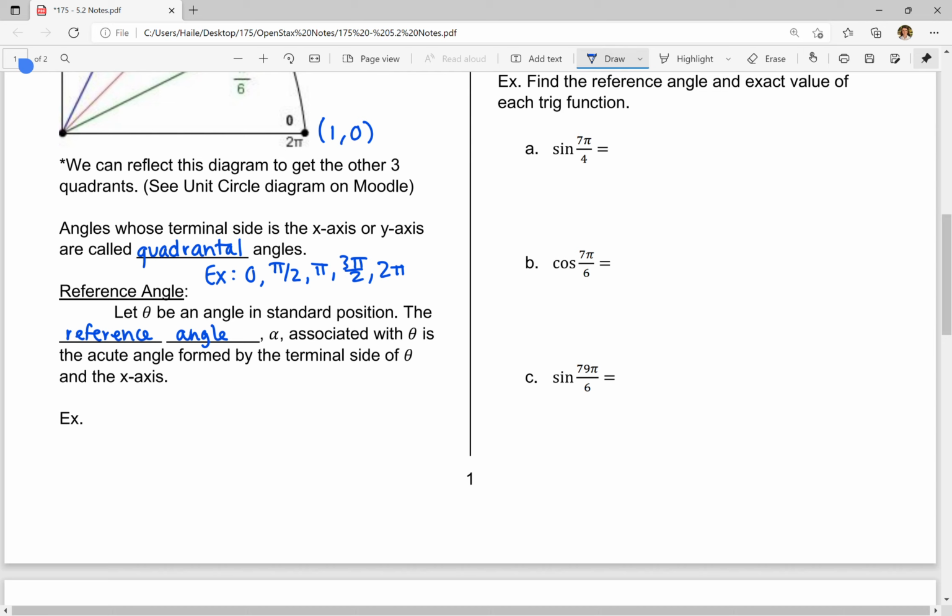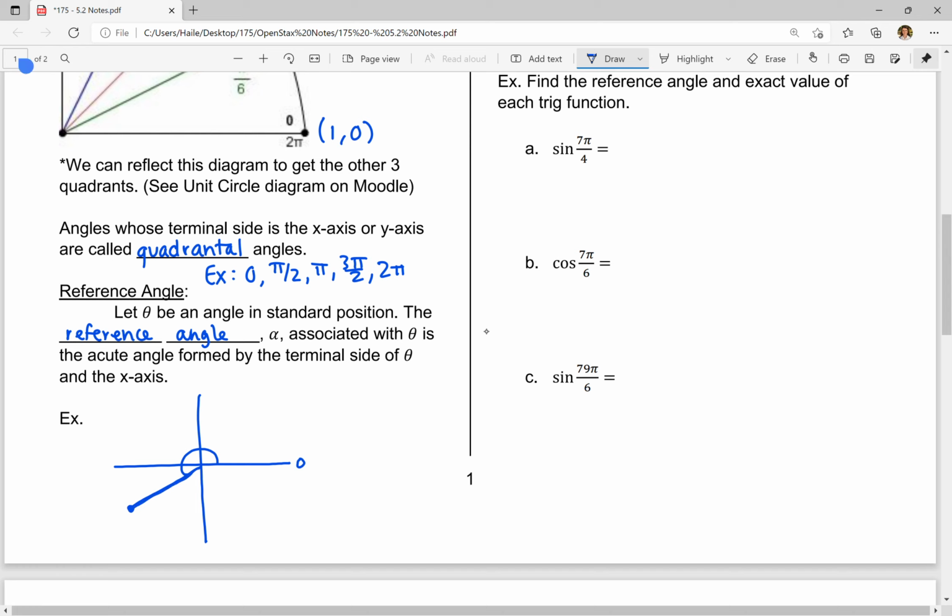This definition can be kind of confusing, but I'm going to draw you a picture to make it make a little more sense. Let's say that these are our x and y axes, and I have an angle theta in quadrant 3. So this is my angle, and my point is out here. Theta would be this angle starting at 0 and working all the way around to this terminal side right here.